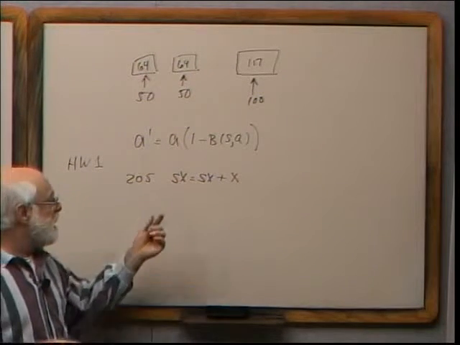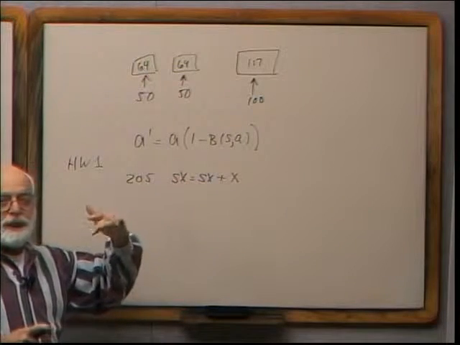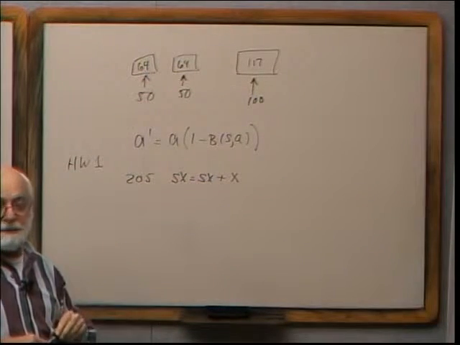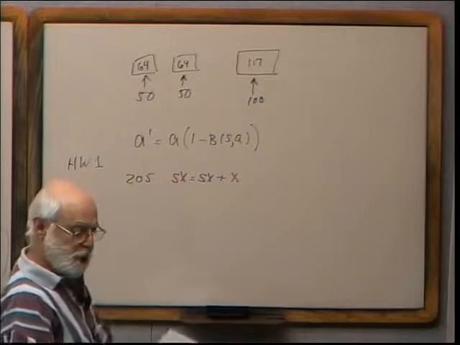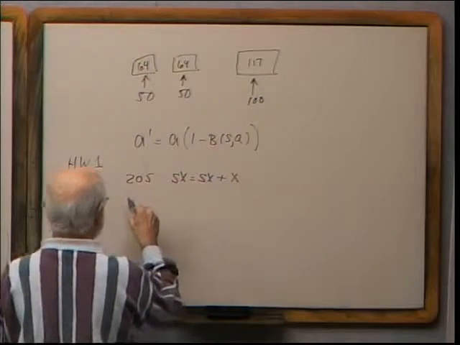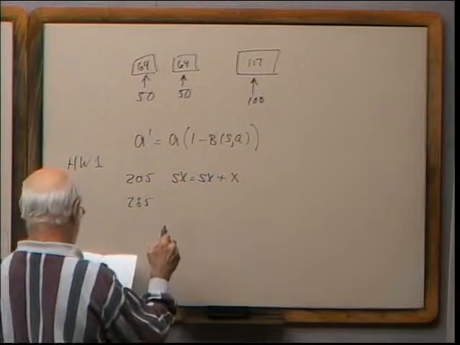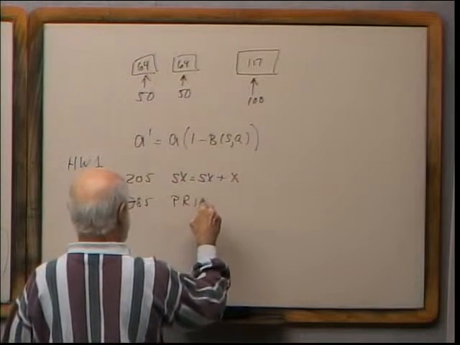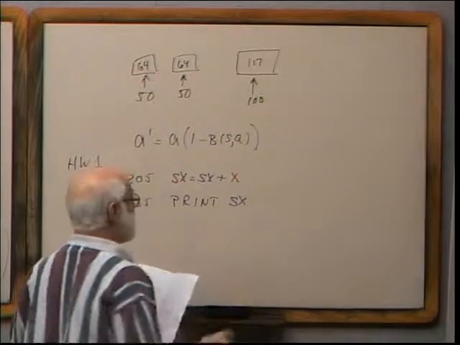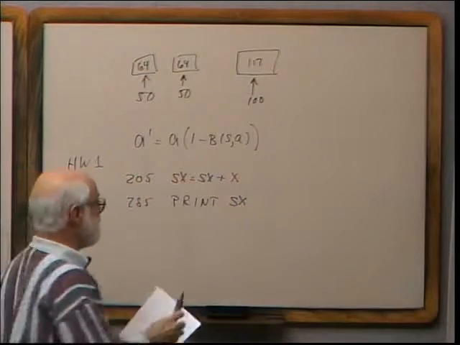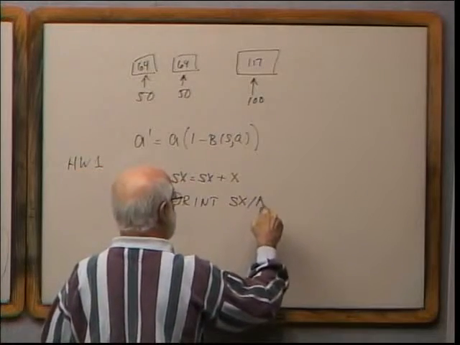sum up the service times of all of the customers that are carried, and then at the end, statement number 285, I'm going to print the total work done divided by A. A, remember, in that simulation is the total time simulated.